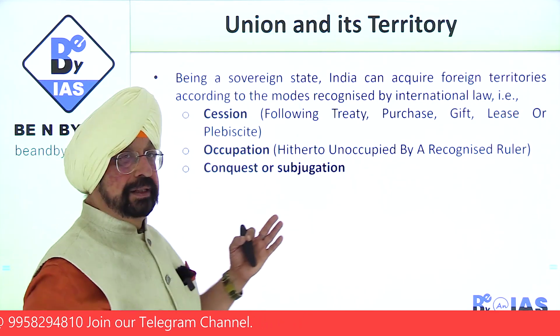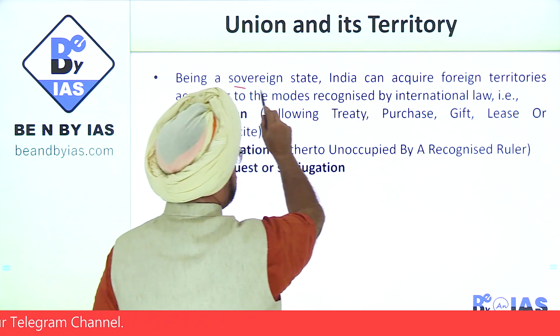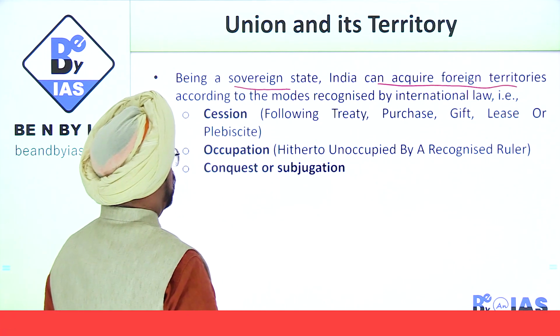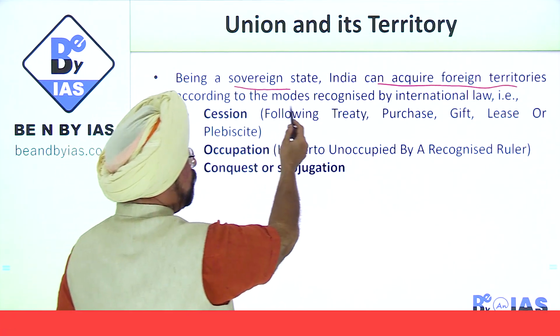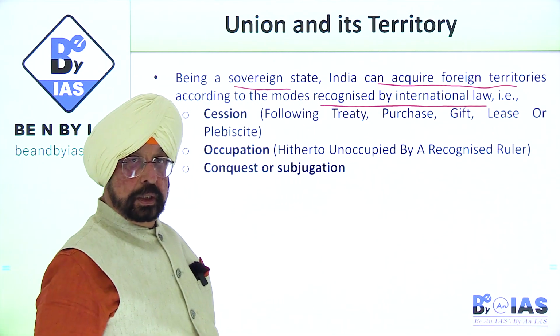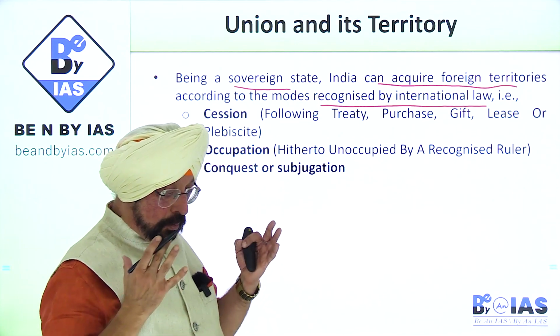Now we have seen in the third part that being a sovereign state, India can acquire foreign territories according to the modes recognized by international law. Now, international law has got certain modes.